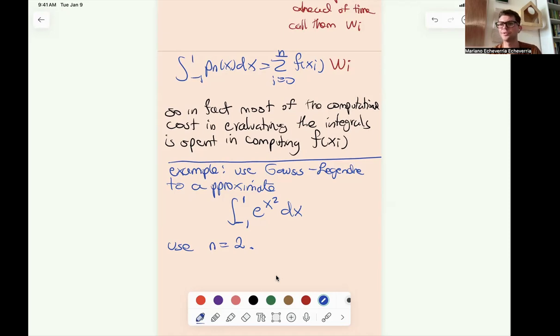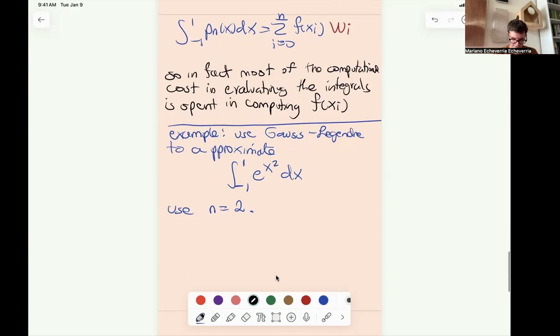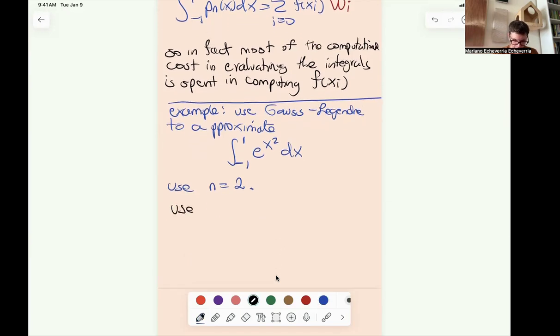Okay, so n equals 2, what does that mean? It means that you look at n plus 1, so you look at the degree 3 Legendre polynomial. Here you use P3 of x, which was x times 5x squared minus 3 over 2.